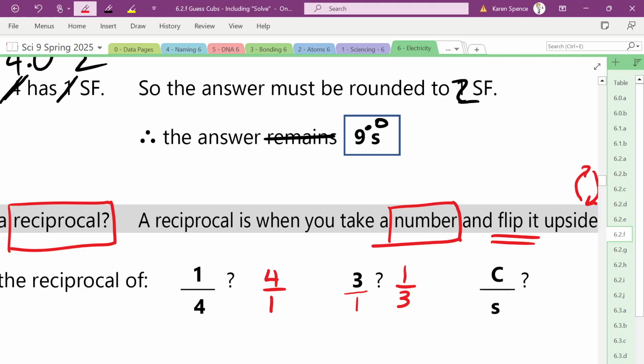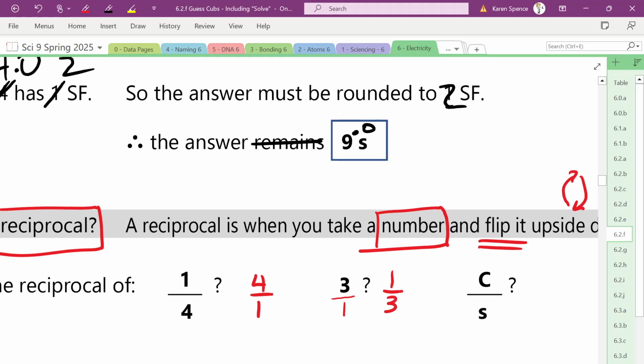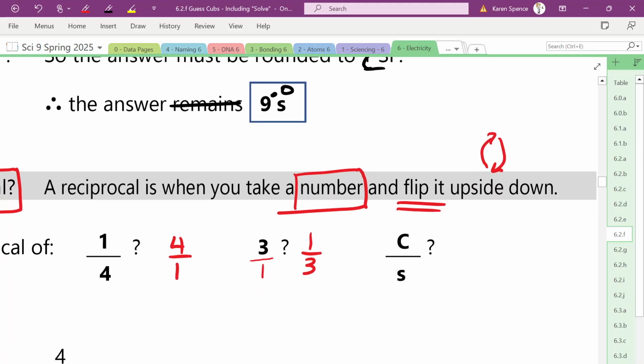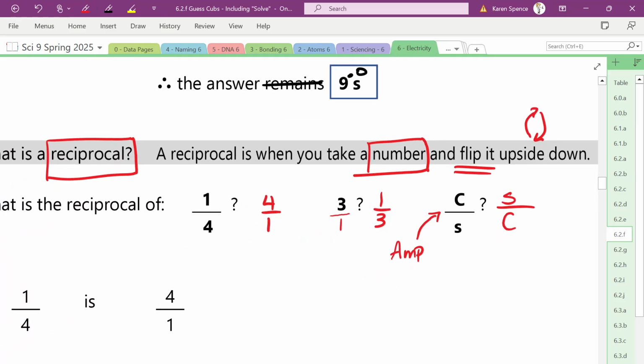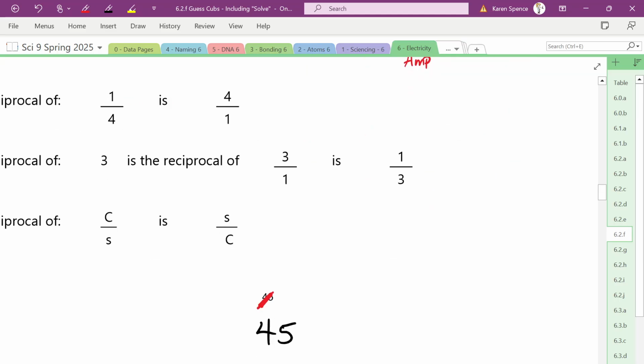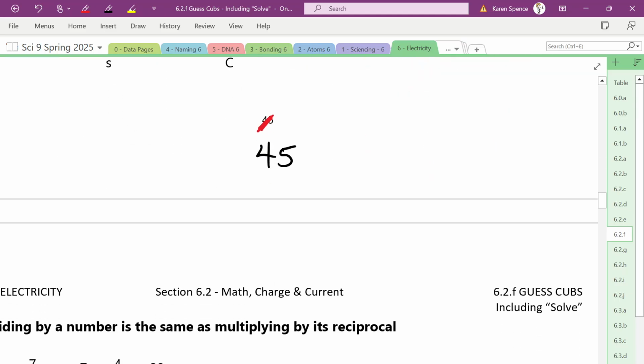And now this is when it's going to apply to us. Do you remember what a coulomb per second is? A coulomb per second is an amp, right? What is the reciprocal of a coulomb per second? That is a second per coulomb. Okay? All right. We've got those there. And now we're moving on to page 46.